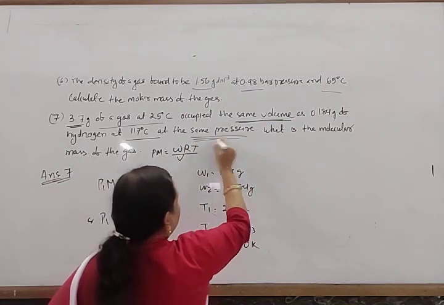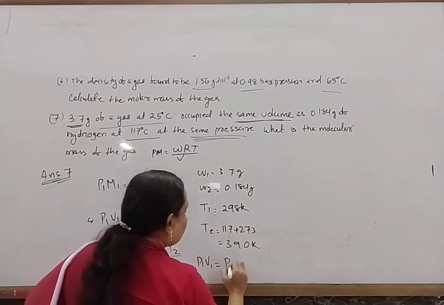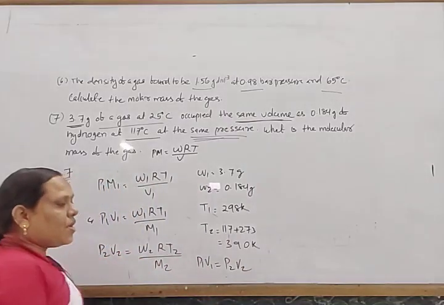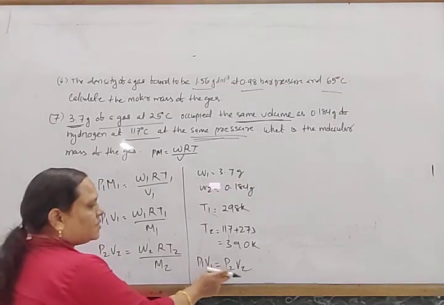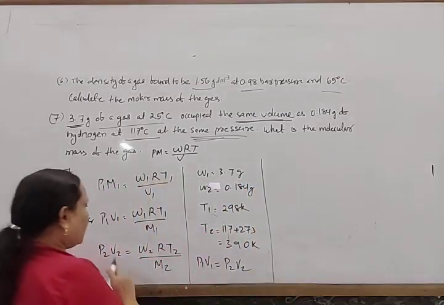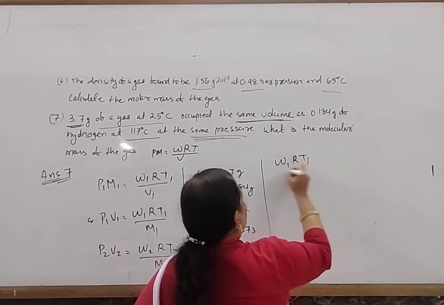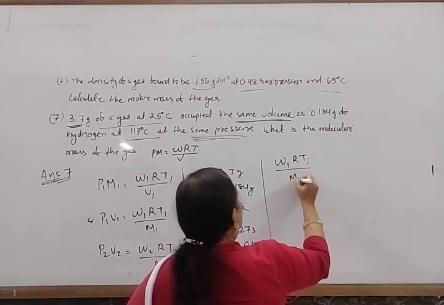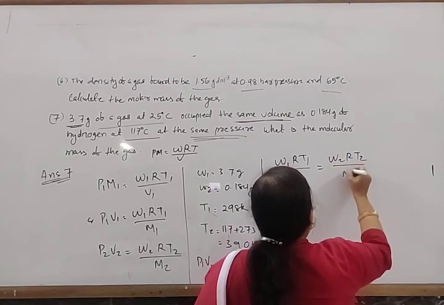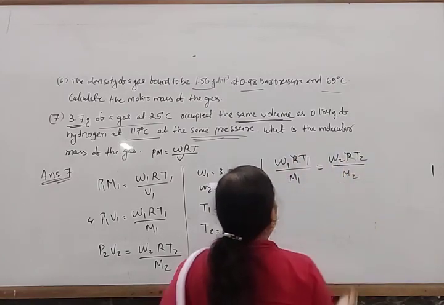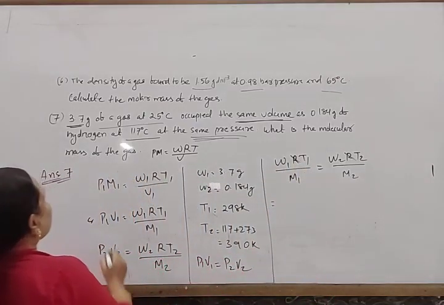In this way, P1V1 is equal to P2V2. So we find W1RT1 by M1 is equal to W2RT2 by M2. R is also cancelled. Then put all these values in to find the molecular mass of the gas.